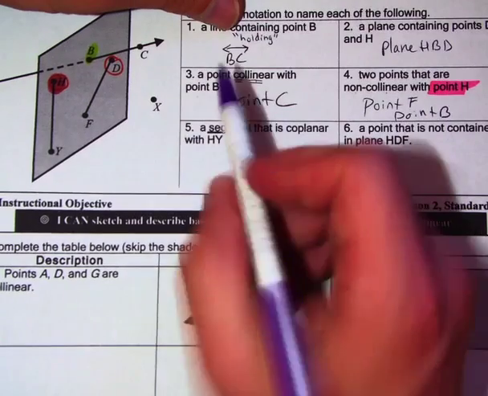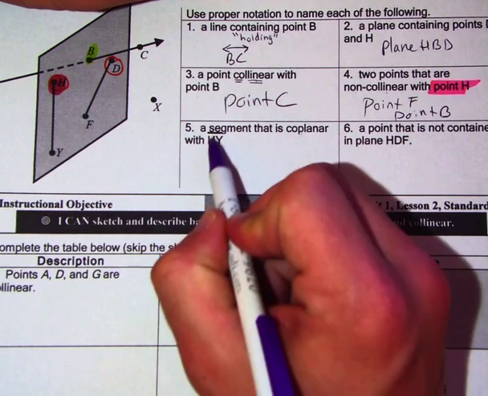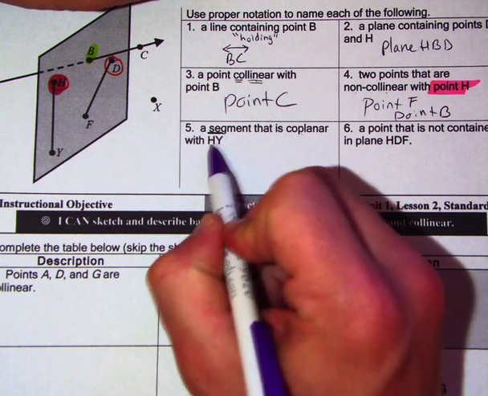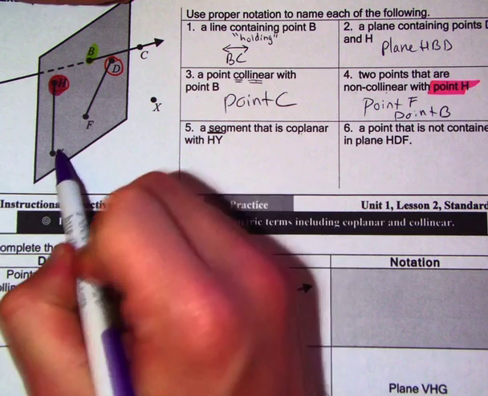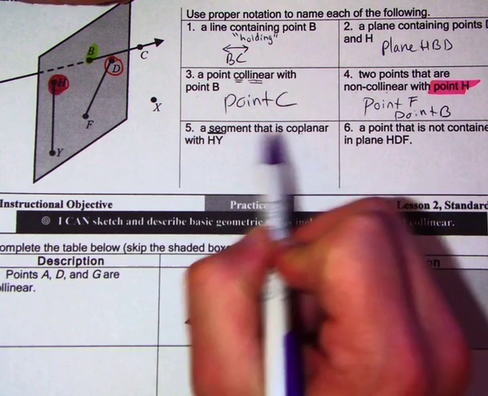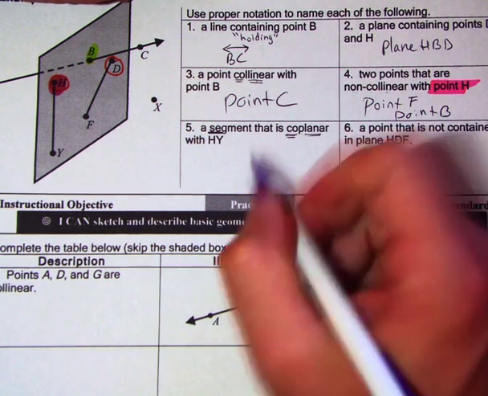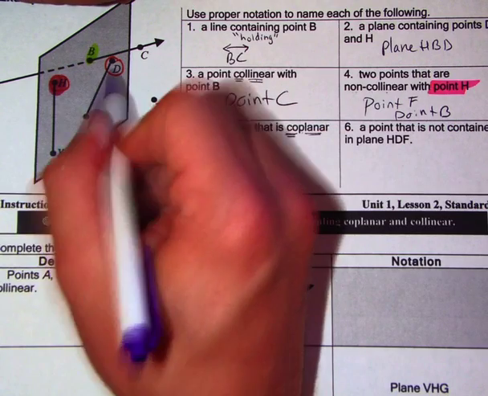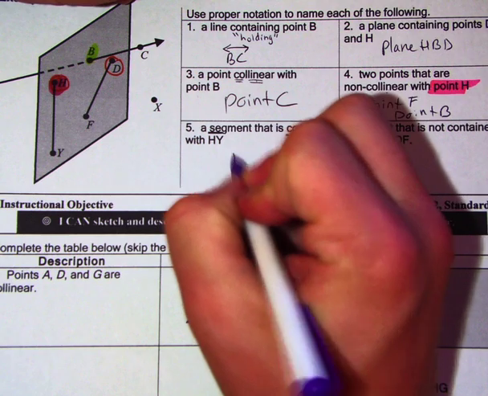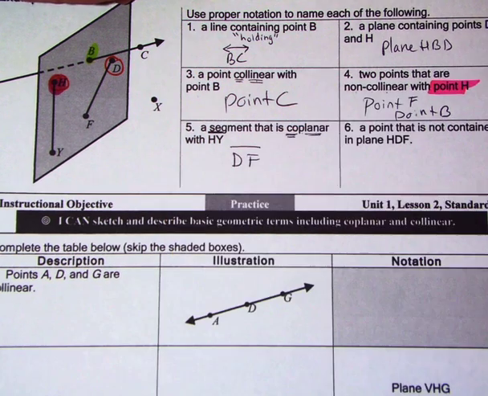2 left. Let's name a segment that's coplanar with, this bar means segment HY. Here's segment HY. What is the name of another segment that's coplanar? Together on a plane. Well, looks like DF is on the same plane as HY, so I'm going to put segment DF.